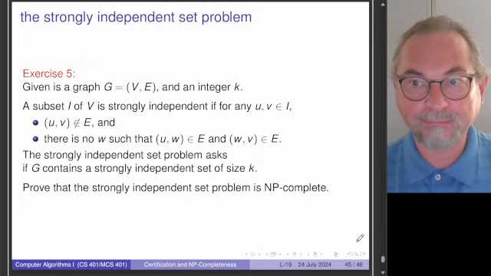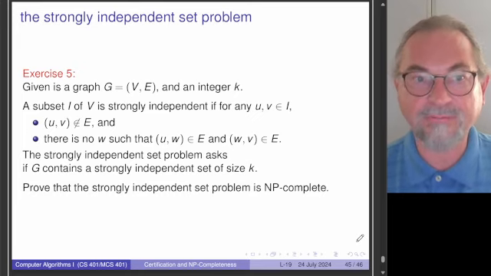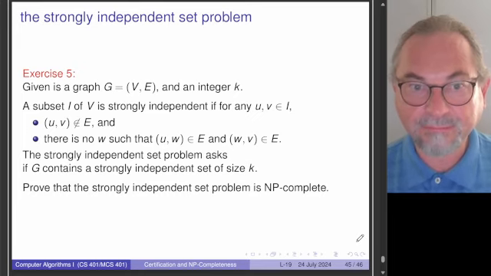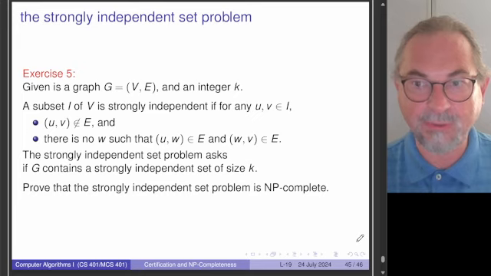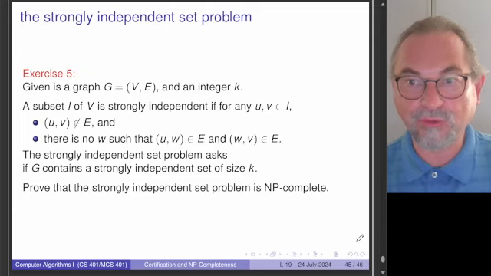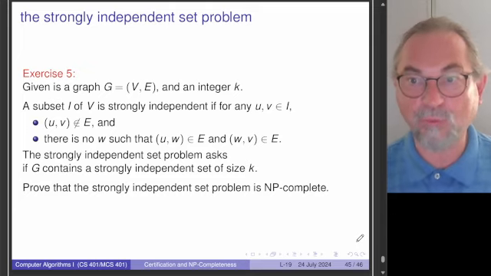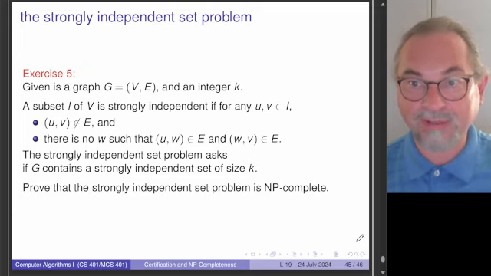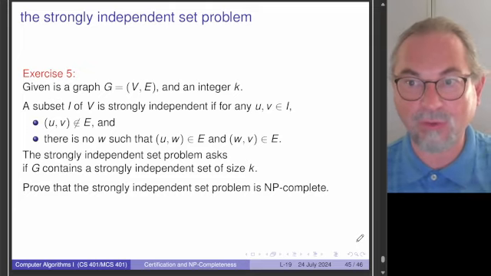So that is the task of this exercise. Go back to the definitions and show that this problem can be reduced in polynomial time from the independent set problem, which is known to be NP-complete. You could also go back to the circuit satisfiability problem, but that's a much longer road.